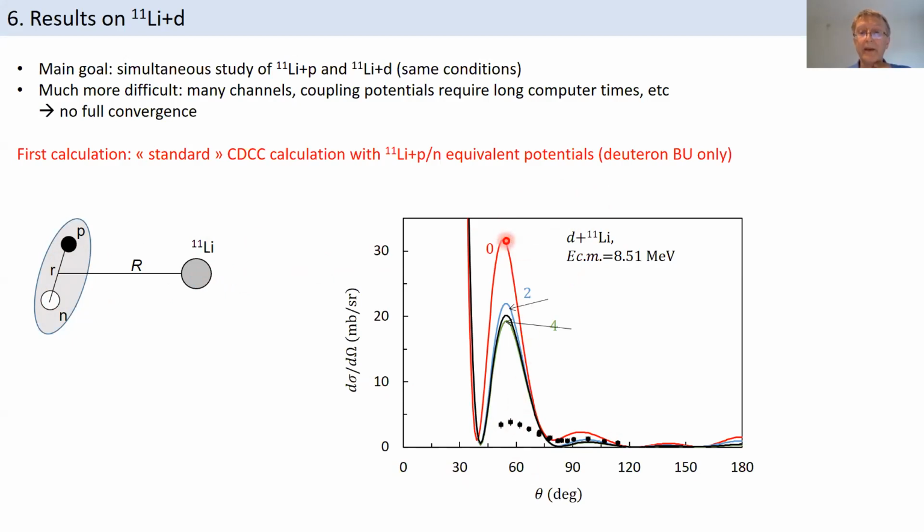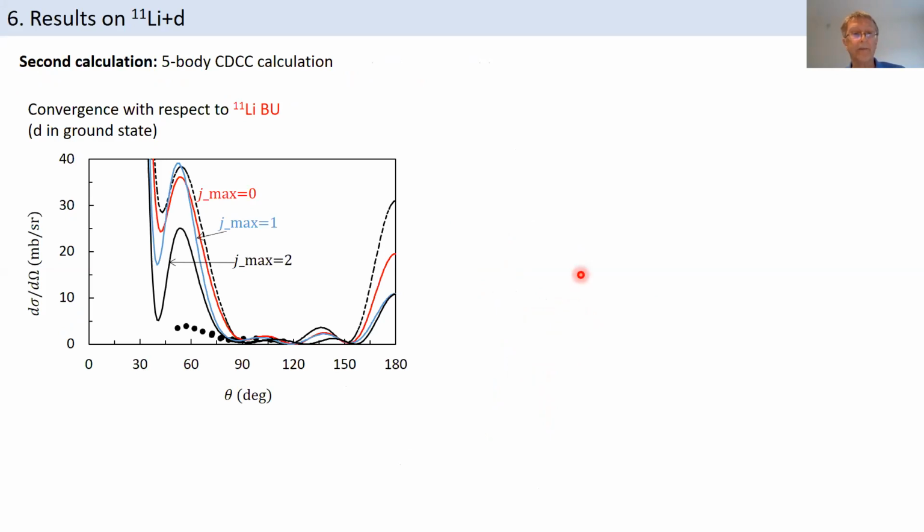And this is the theoretical cross-section. So you see with J max equals 0, so this is J in the deuteron, 2, 4, and I think 6. So there is a convergence because this is a simple model, but you can see there is an overestimate of the cross-section here.